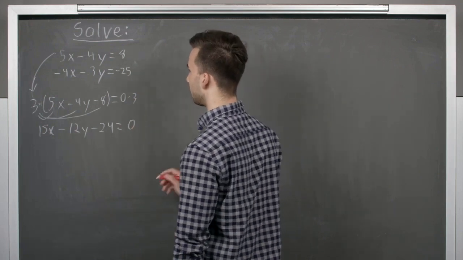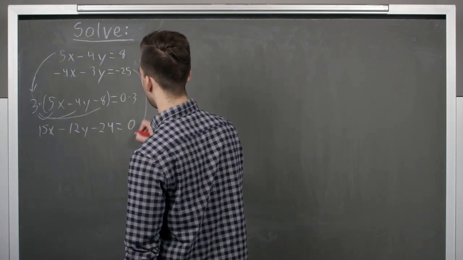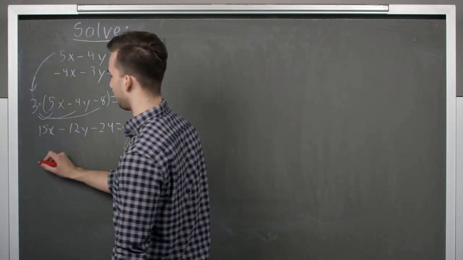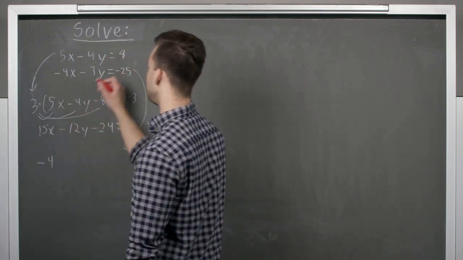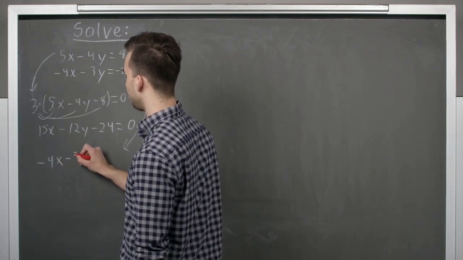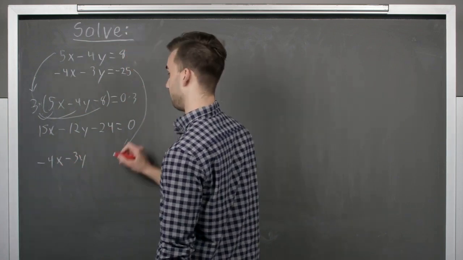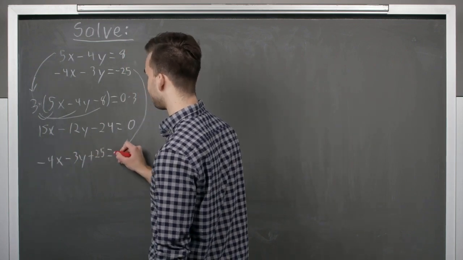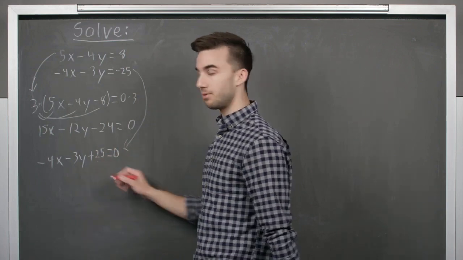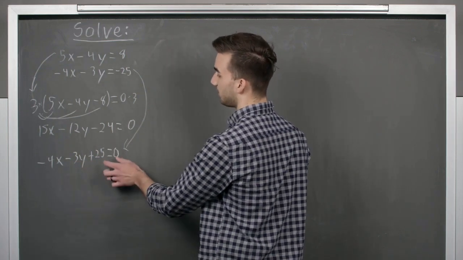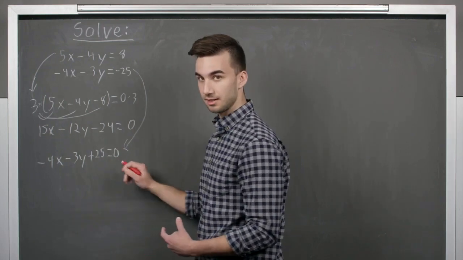And then for our other equation, we can bring it all down here. Let's add 25 to both sides to get everything on the same side of the equal sign. So negative 4x, negative 3y, plus 25, right? Equal to 0. And the reason we brought everything over to the same side of the equal sign, again, is so we can set both these equations equal to each other.